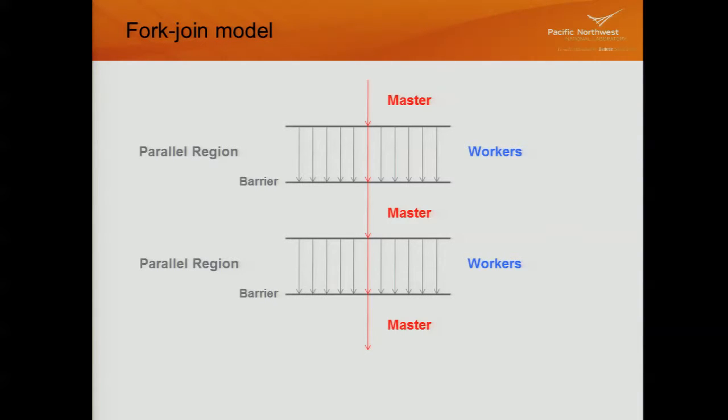Okay, so, as I said, you want to write a series of for loops, and so the model here is a composition or a sequence of forks and joins. So if I have two parallel regions, just imagine two for loops following each other, a master resource or master processor will execute the sequential code.